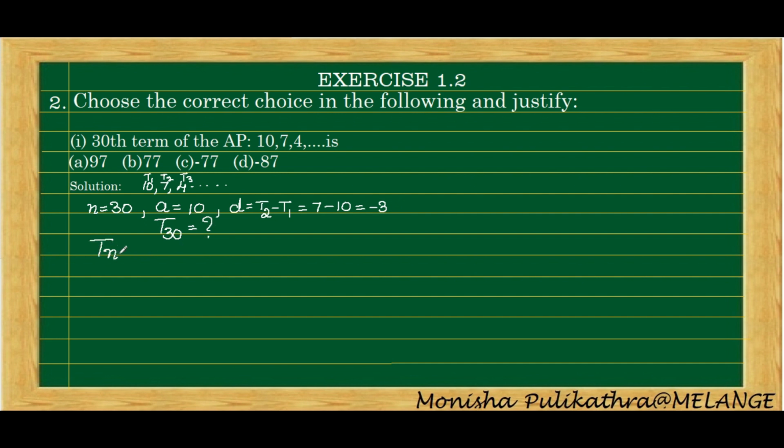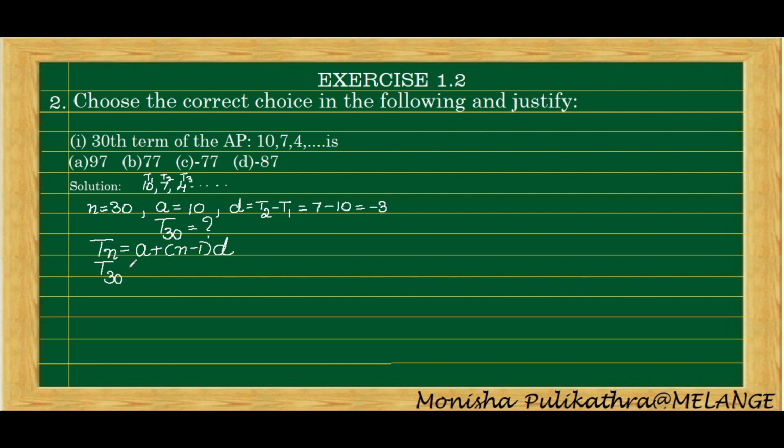For this we need to write the Tn formula. Either you can write this Tn as An also or Tn, both are same. So Tn is equal to A plus n minus 1 into D. So Tn we need to find out where n is equal to 30.